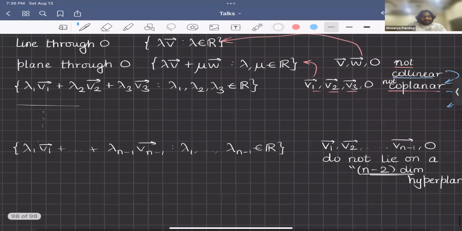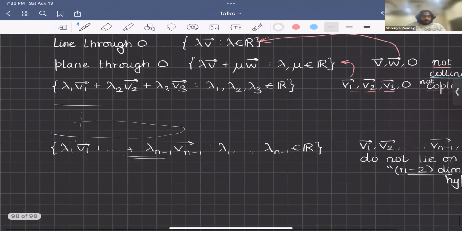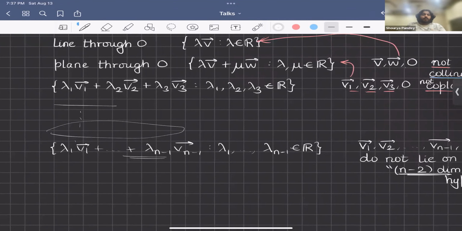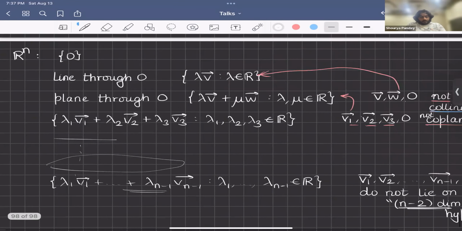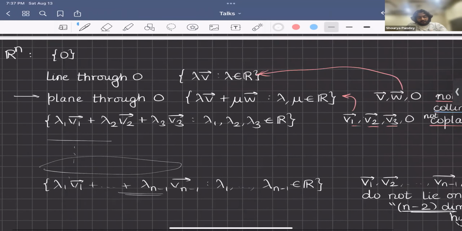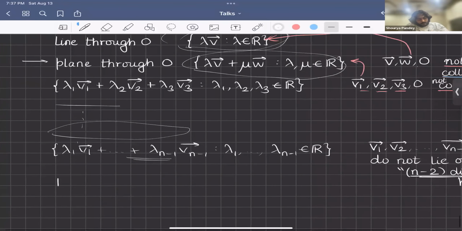So it should be this set, but exclude everything from the previous set. That's one way to put it. This tier contains all these sets, but don't consider the sets that are already here, the vector spaces that are already here. And then when you go further, you'll get the entire space.